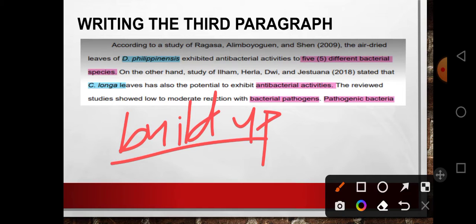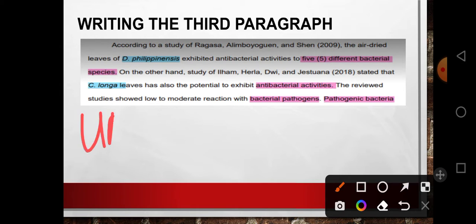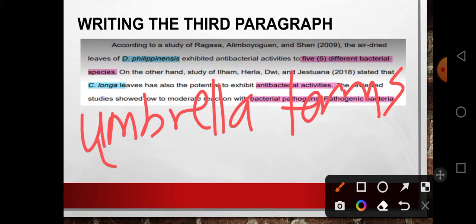We have the umbrella term bacterial species. We also have the umbrella term bacterial pathogens, or the pathogenic bacteria. These are known as umbrella terms. They are umbrella terms for what? Umbrella terms for the dependent variable.